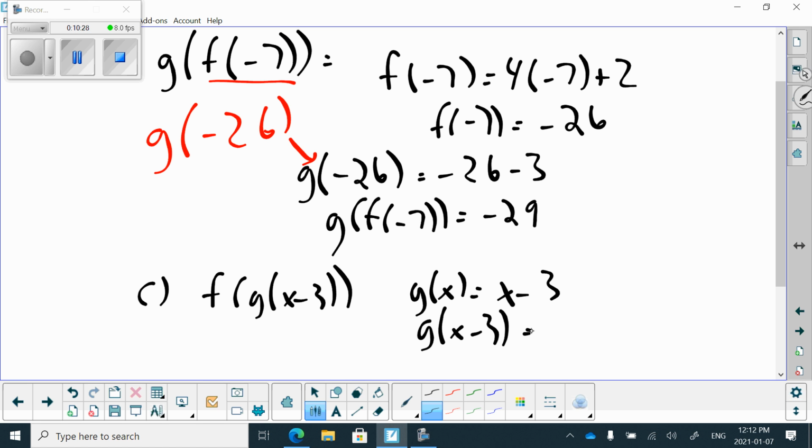So wherever I see x, that's what we have to put in. So g of x is x minus 3, and I'm putting in x minus 3. I'm just making it as confusing as possible. What would I put in for x here? Or what's in our bracket? Yeah. x minus 3 minus 3, which is equal to?